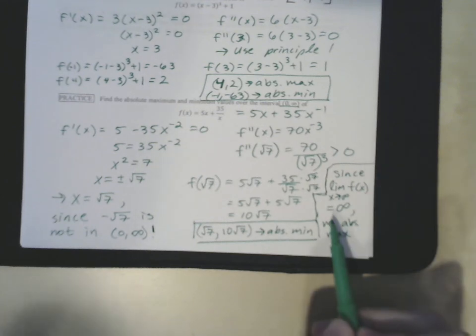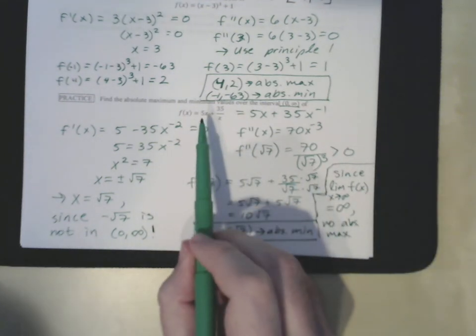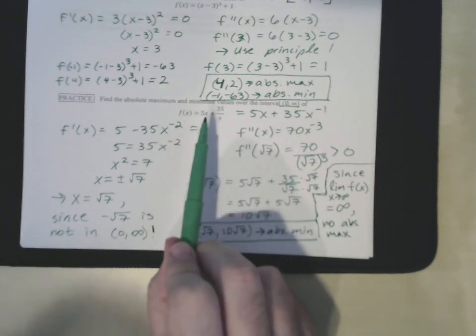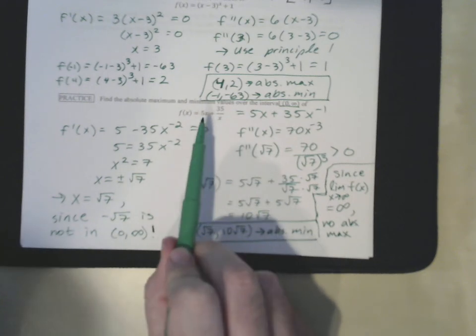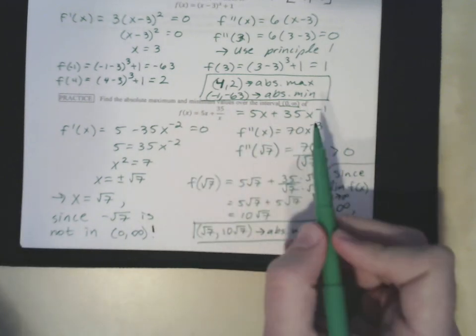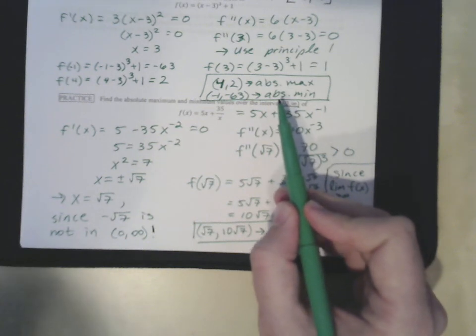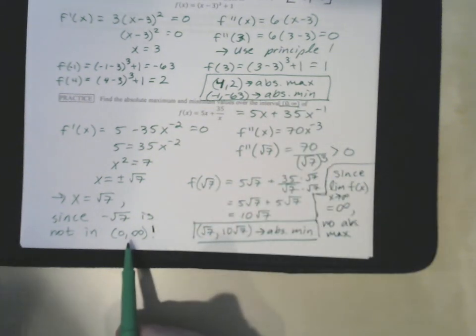Now some of you might be saying, well, what about if we go to negative infinity? Well, you'd be right. If we go to negative infinity, this goes to negative infinity, which means we shouldn't have an absolute minimum. Now that's on the whole domain though, because our interval that we're checking is just 0 to infinity.